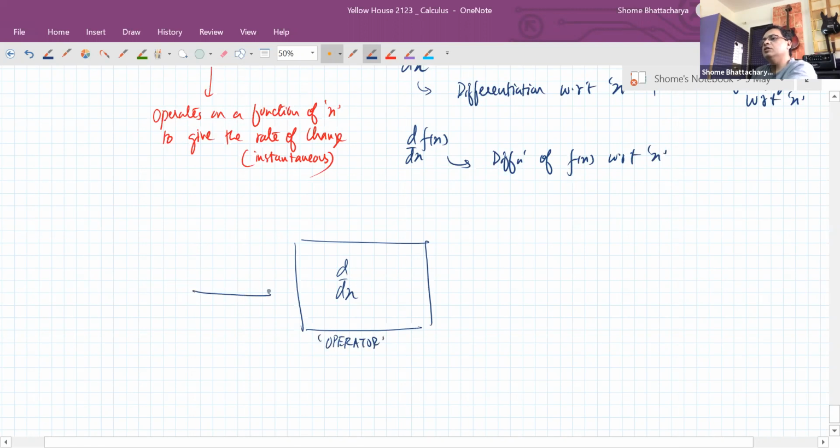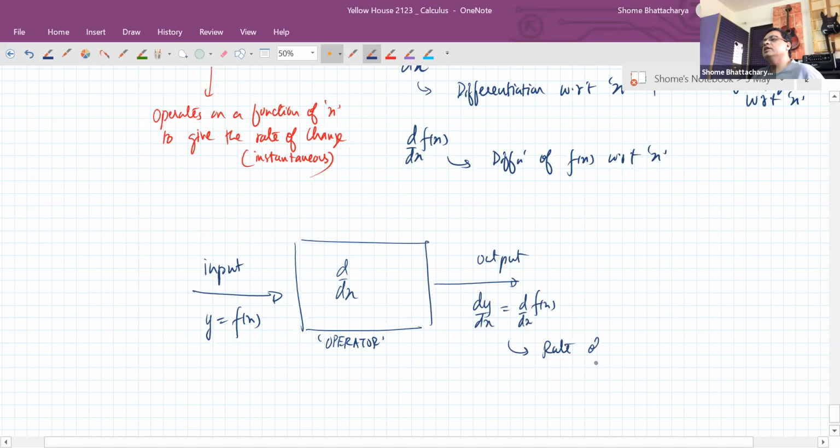When we input the function y equal to f(x), the output that we get from this by applying that operator is the rate of change of that function. So it applies on a function, and on application on the function, the operator gives us the rate of change of the function.